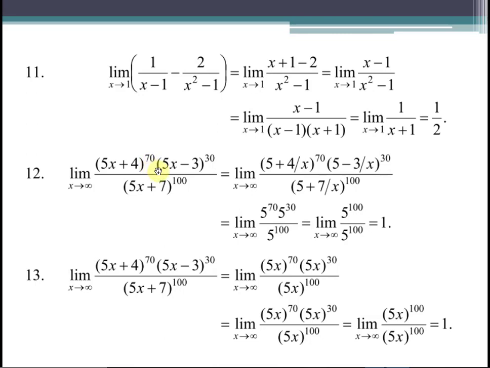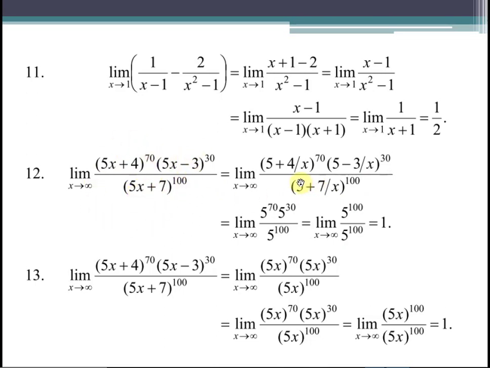We just divide all of them by x, by each term. And when we divide by x, we have 5 plus 4 over x. And here 5 minus 3 over x. And 5 plus 7 over x. We need to divide each term of this fraction.